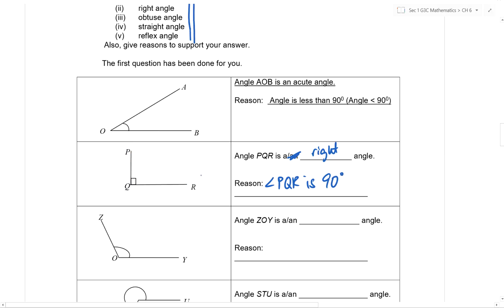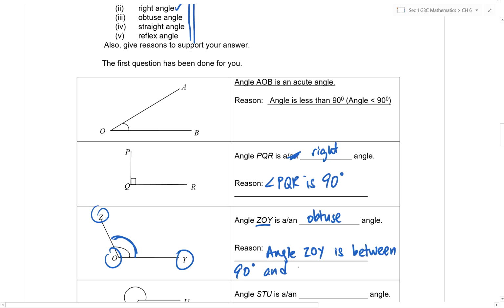Next, we have angle ZOY. This is the angle we are referring to. It is known as an obtuse angle. The reason is that angle ZOY is between 90 degrees and 180 degrees.